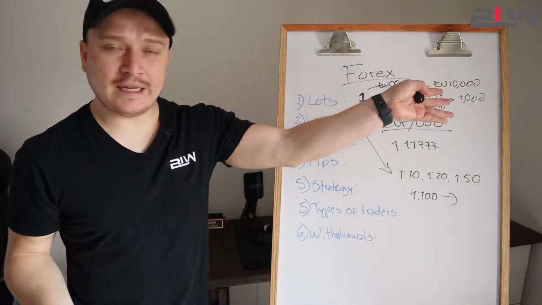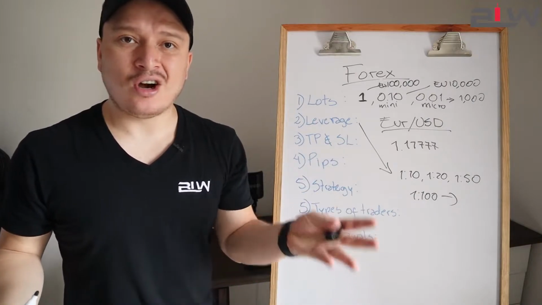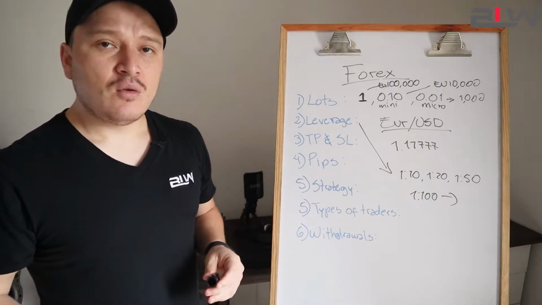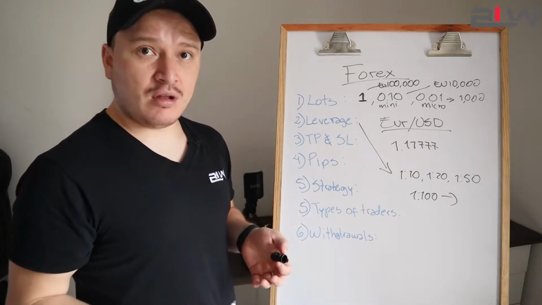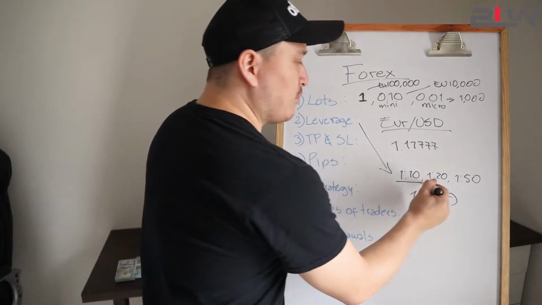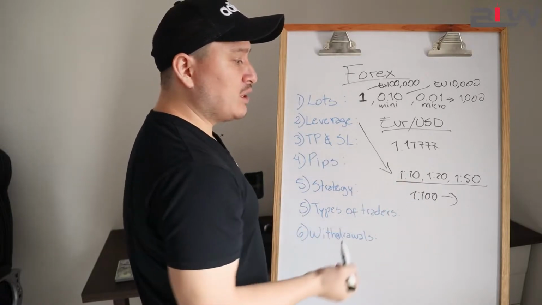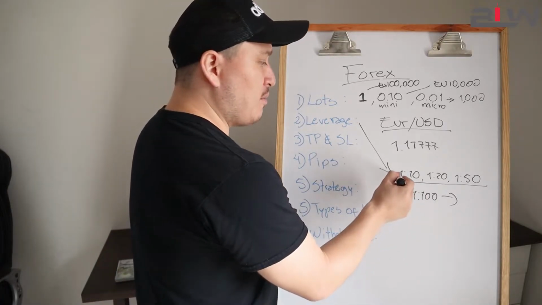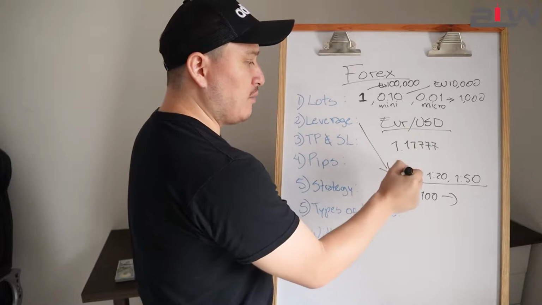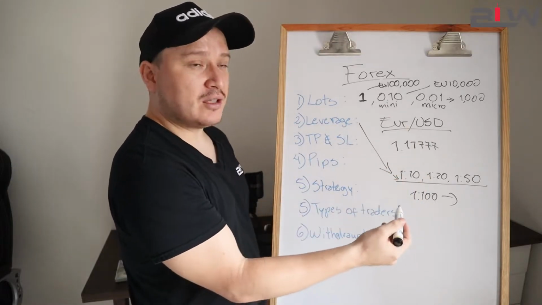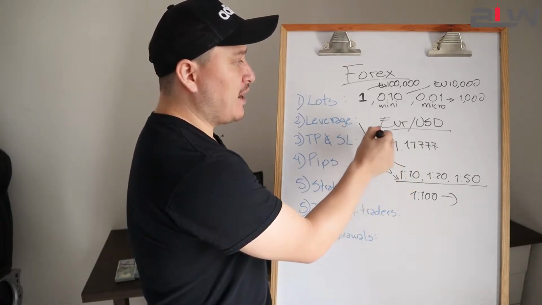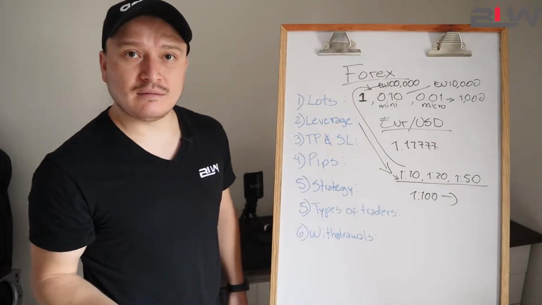Now you don't want to place a trade for 100,000 euros, right? What you want to do is just place a lower amount. This is when leverage comes in. Leverage 1:10 means from one deposit that I have, or one amount that I have, I can divide this into 10.